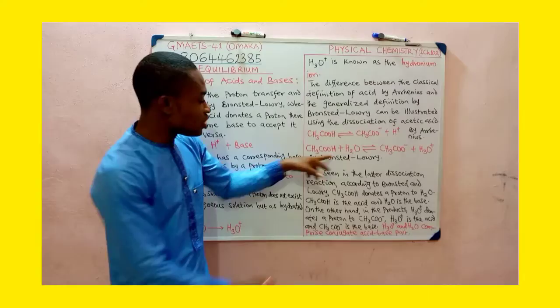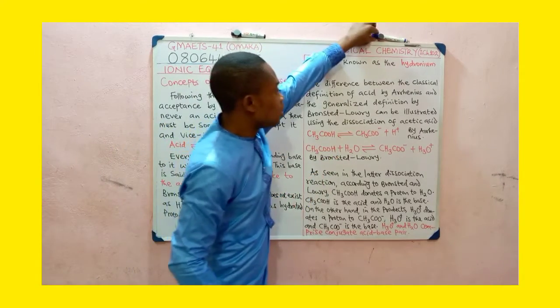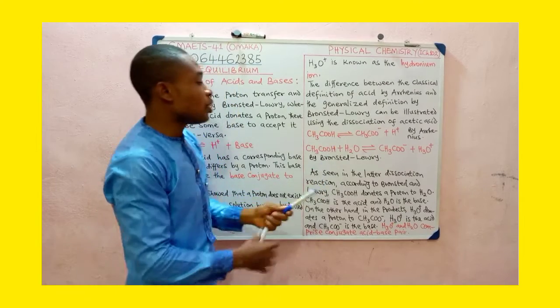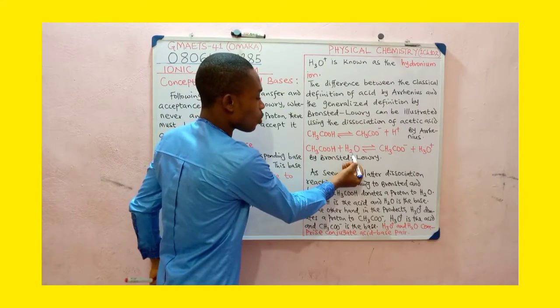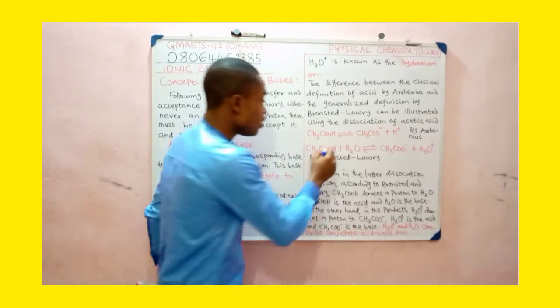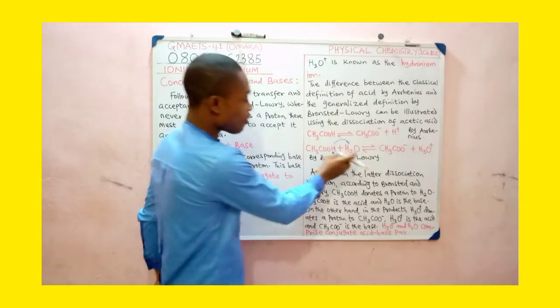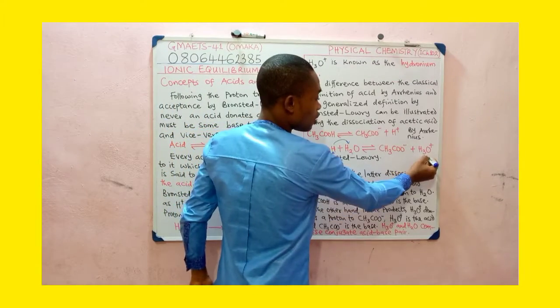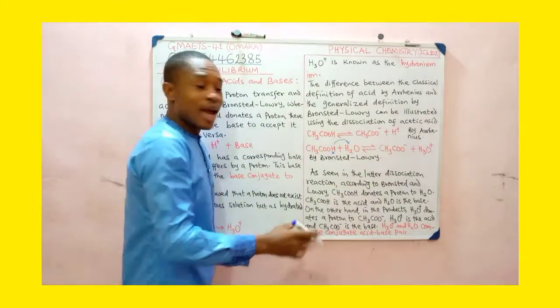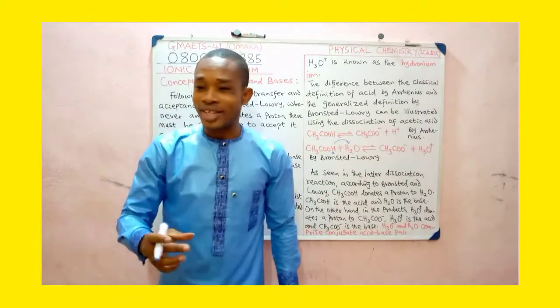If the proton is donated by this acetic acid, the proton is this hydrogen atom here, right? This water will pick this proton. Now, if water picks this proton, the number of hydrogen will become 3. So you have your hydronium ion, and then you get your acetate ion.